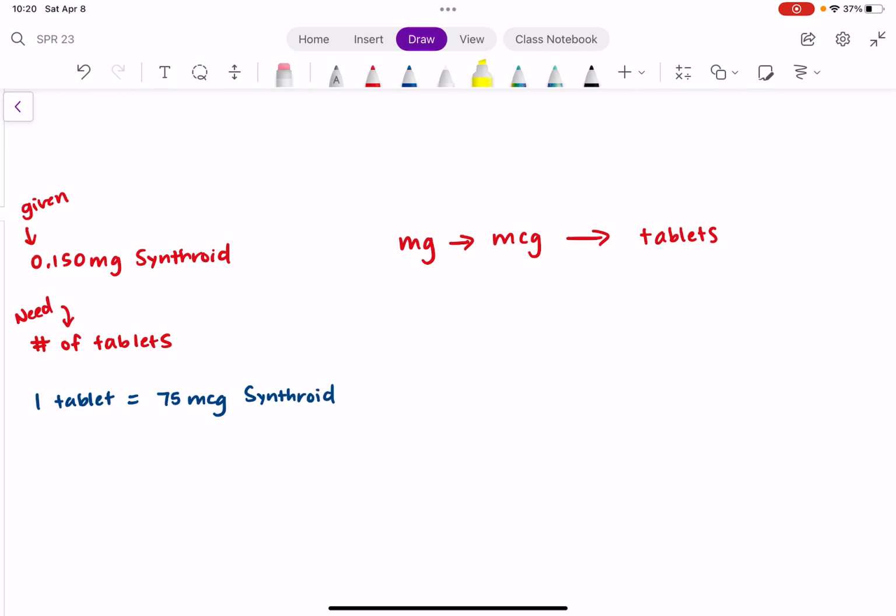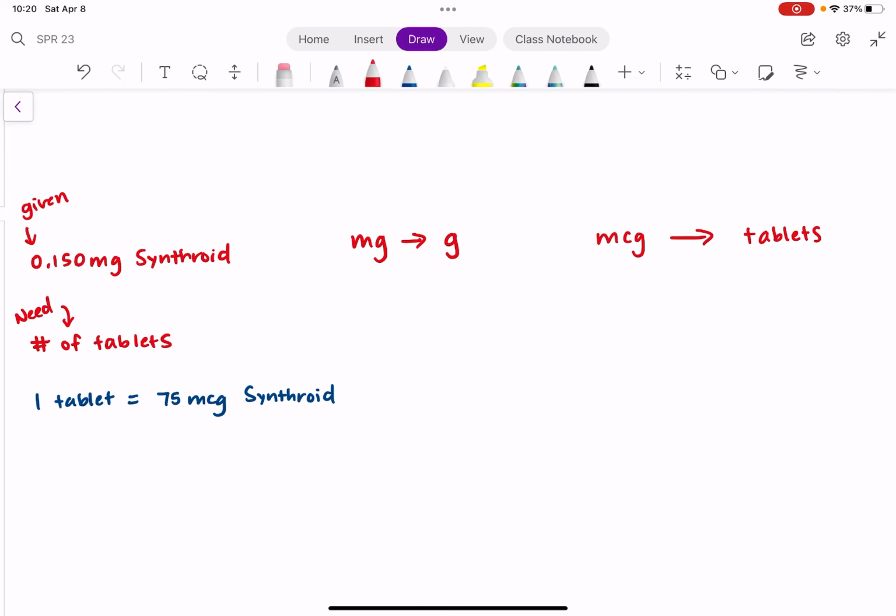Okay, and then do I have a direct relationship between milligrams and micrograms? No, not really. I mean, I could mathematically solve it, but I always find it easier to go back to my base unit and then go to the next unit. And let me tell you what I mean by that. Let's scooch this over even more. Let's say I know the conversion factor, I know the equality between my milligrams and grams, right? I have that in my table.